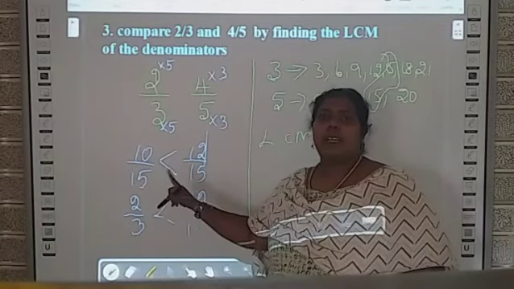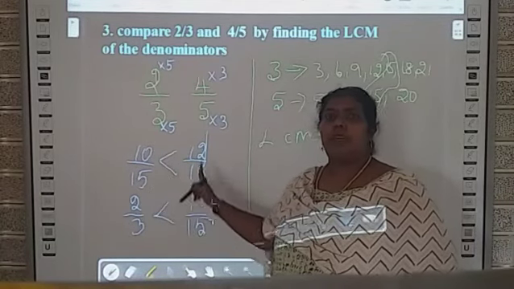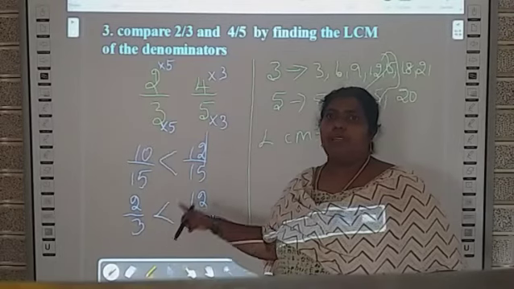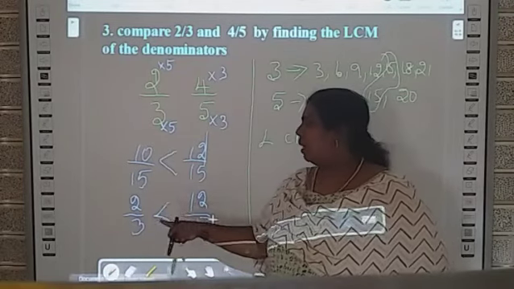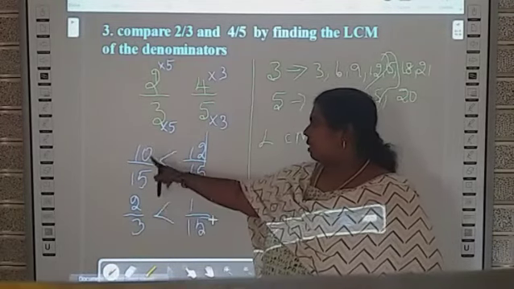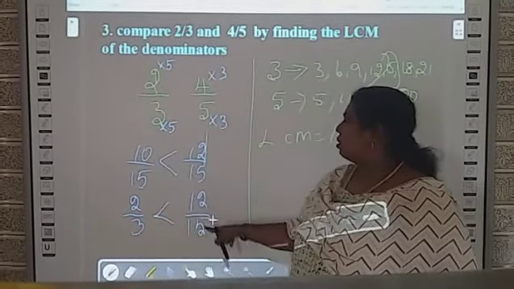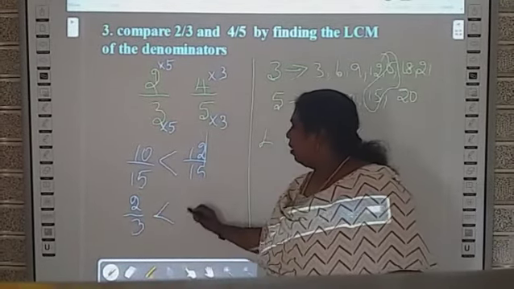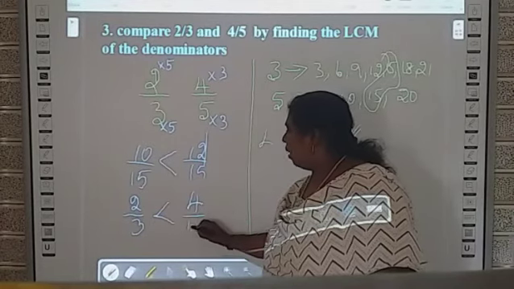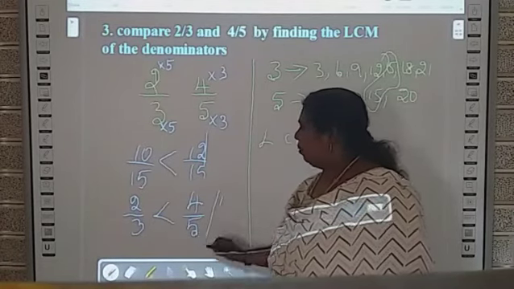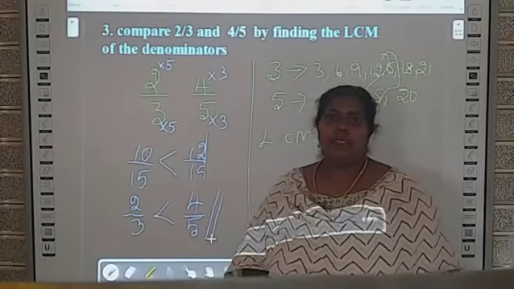Which is the greatest value, 10 by 15 or 12 by 15? 12 by 15. So we have to use the less than symbol. 10 by 15 is 2 by 3, right? So 2 by 3 is less than 4 by 5.